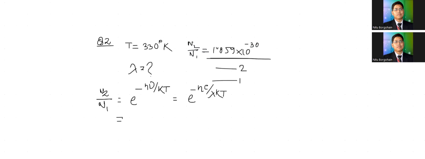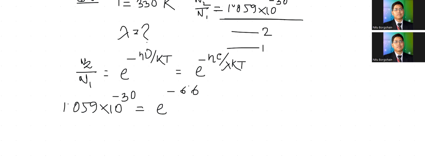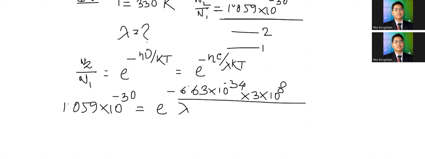So we are writing it: 1.059 into 10 to the power minus 30 is equal to exponential minus h. h means 6.63 into 10 to the power minus 34, into 3 into 10 to the power 8 meter per second, divided by lambda, which is not known and is to be found out. k is the Boltzmann constant, that is 1.38 into 10 to the power minus 23.